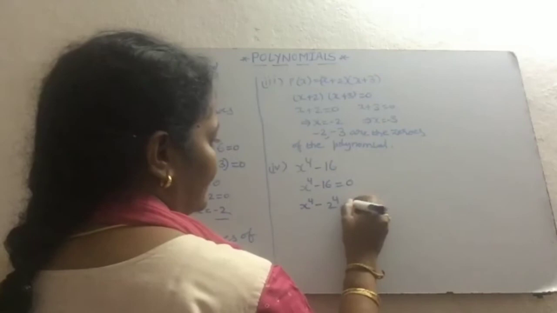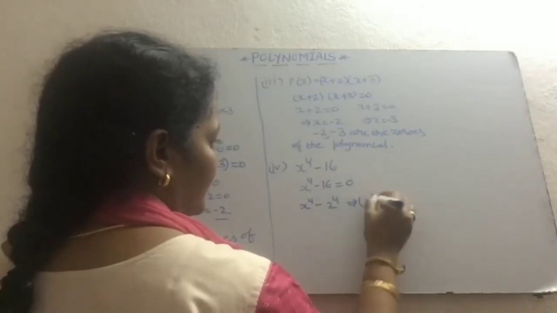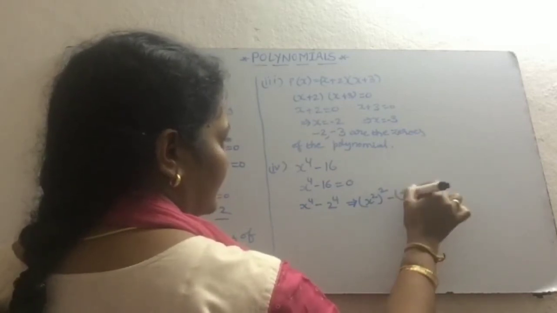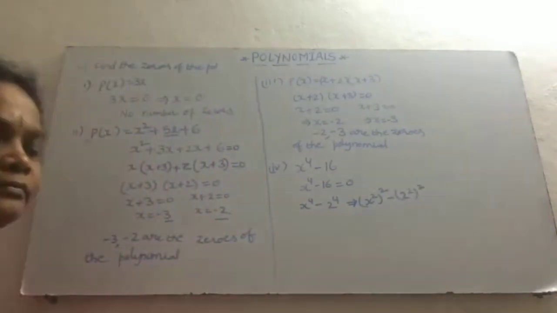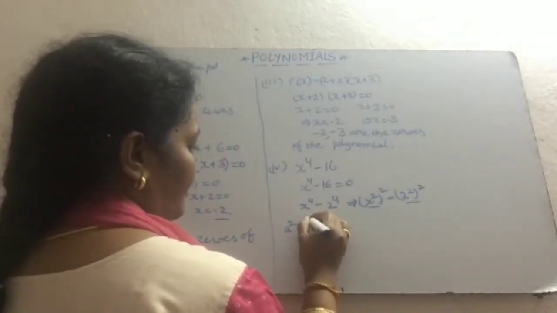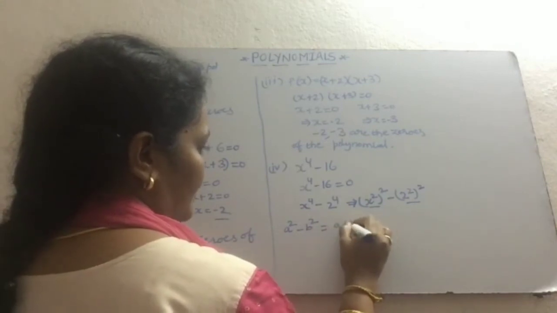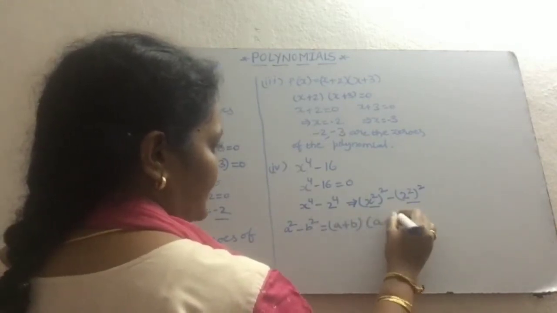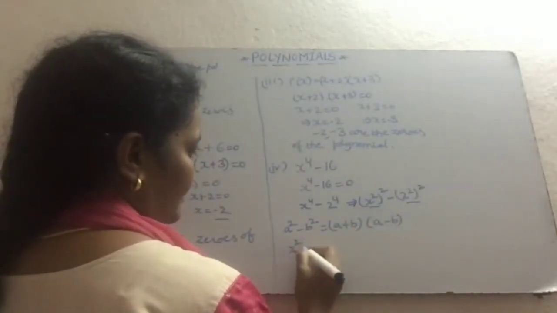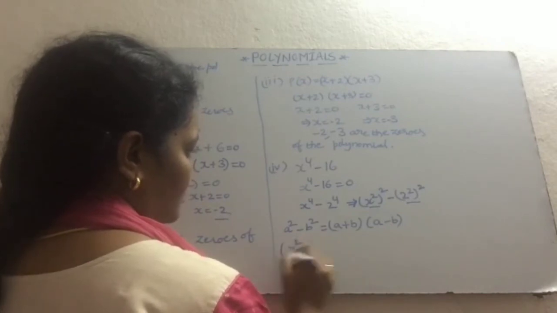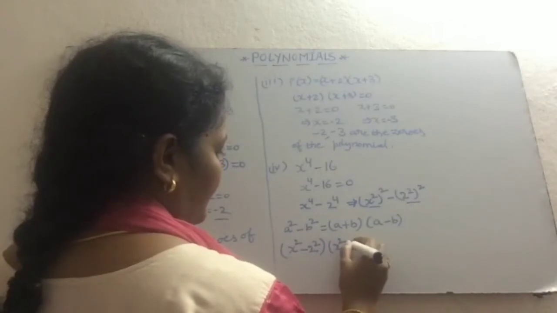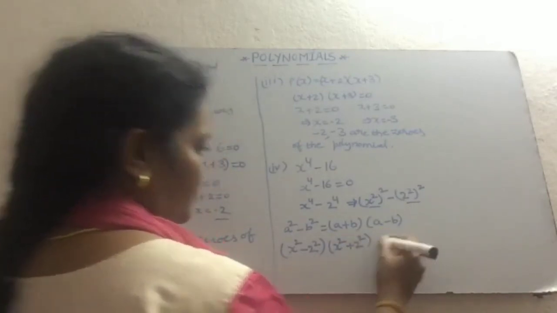And again I will write this as x square whole square minus 2 square whole square. So this is a square minus b square. What is the formula for a square minus b square? a plus b into a minus b. So I will write x square minus 2 square into x square plus 2 square equal to 0.